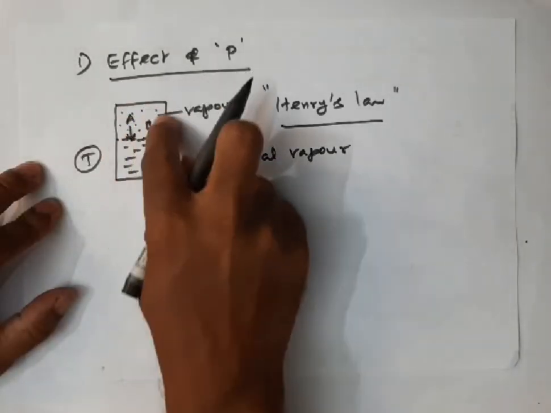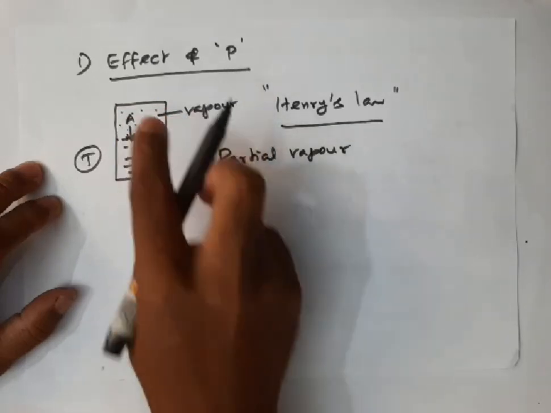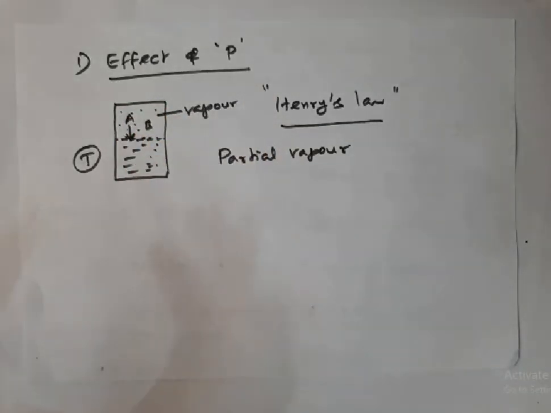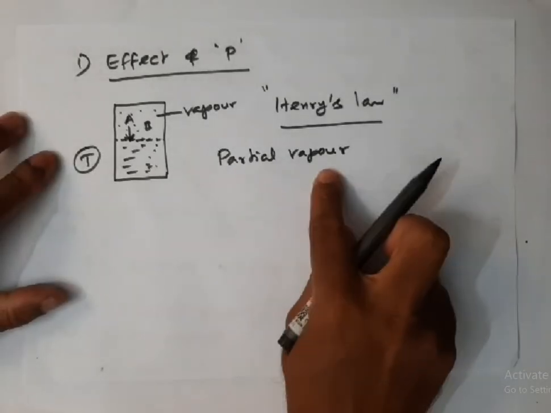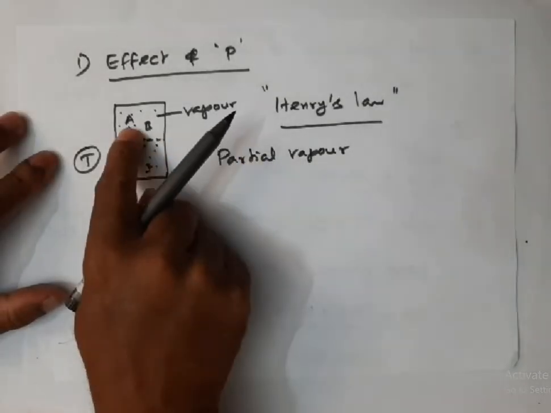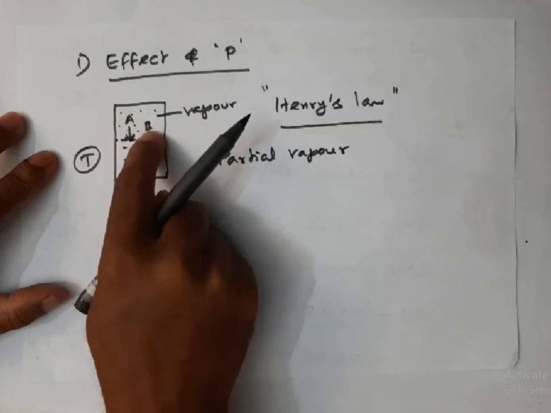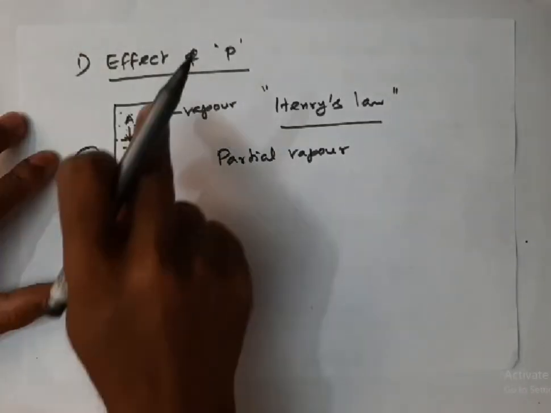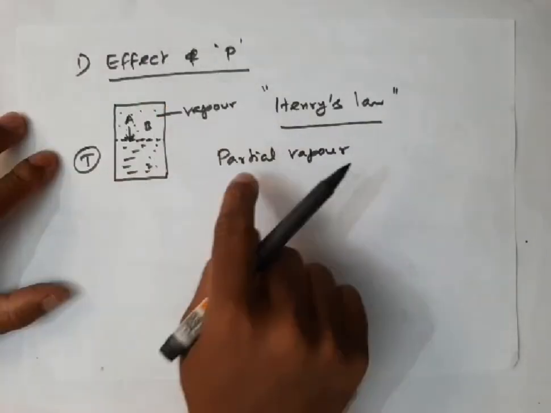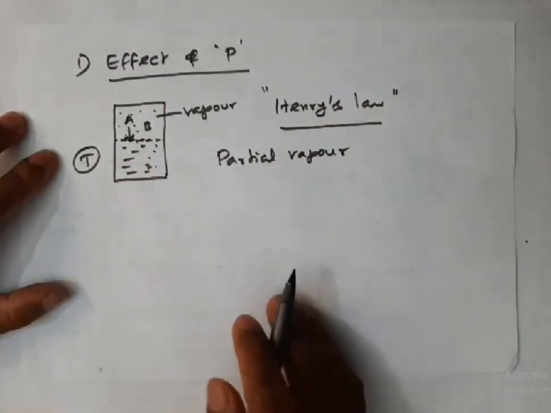The molecules present in the vapor state exert some pressure on the surface of the liquid. We call that pressure vapor pressure. Why am I using partial vapor pressure? I have 2 different molecules here in the vapor state, A and B. What is the pressure exerted by A alone, or by B alone? That is what is called partial vapor pressure.